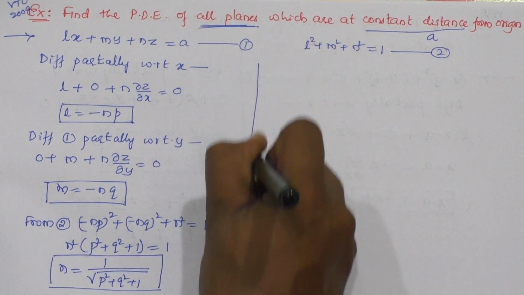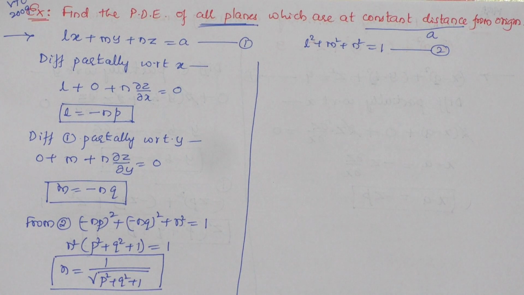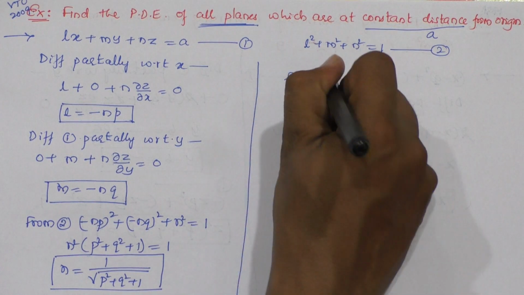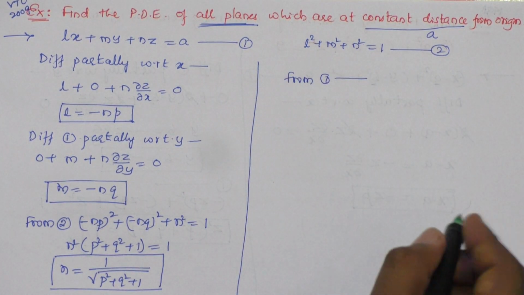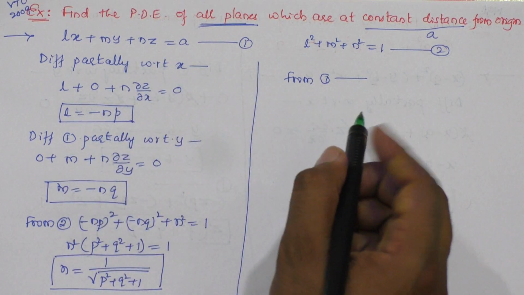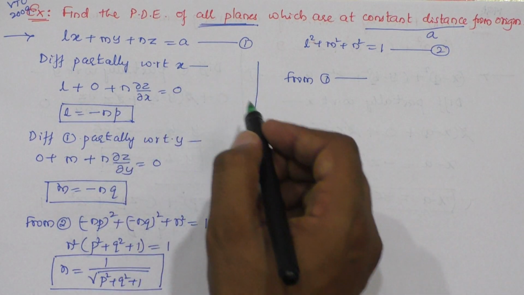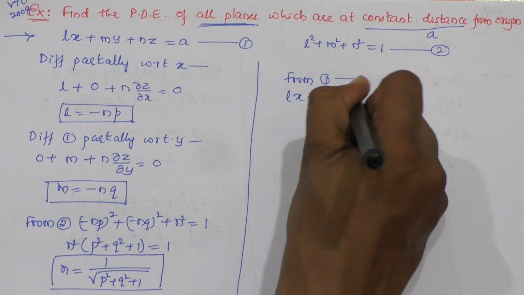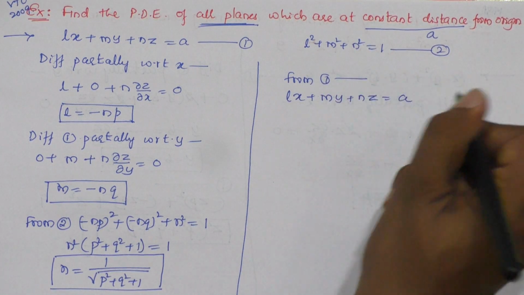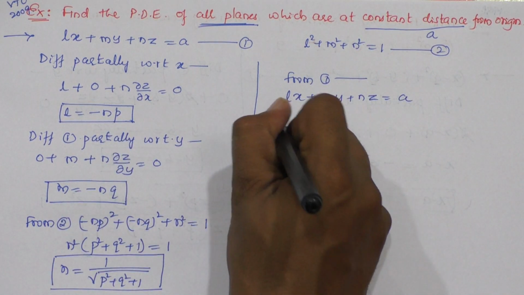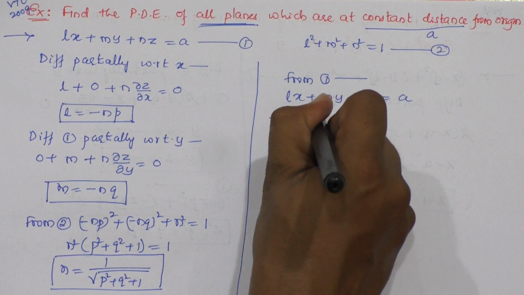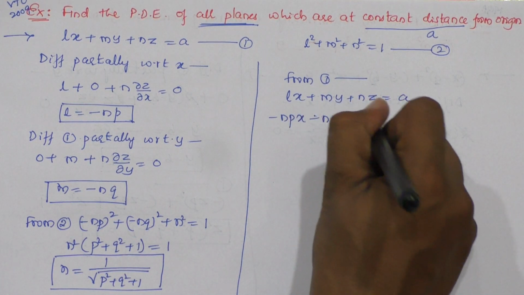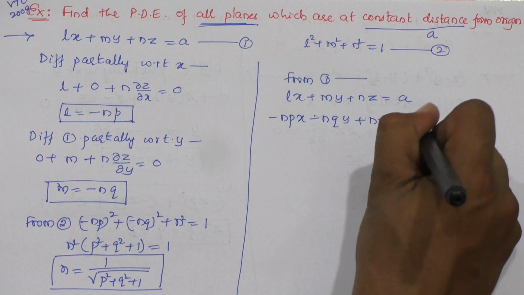Once you get this, substitute in equation number 1. From 1, we have Lx plus My plus Nz equal to a. In that, let us substitute L, which is minus np, into x, m which is minus nq, into y, plus nz equal to a.